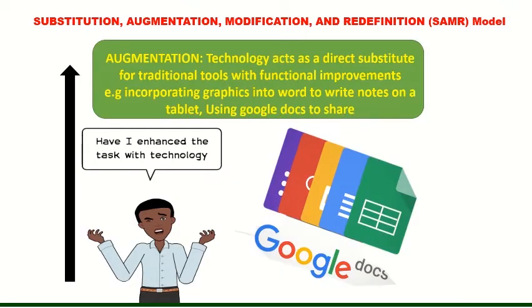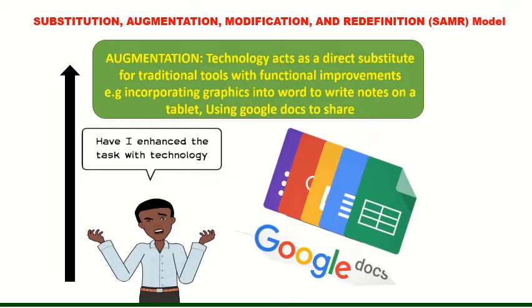The next level is augmentation. Now here the teacher would say, okay, I have a task. Have I enhanced the task in any way with technology? Augmentation is a direct substitution of traditional tools with slight functional improvements.